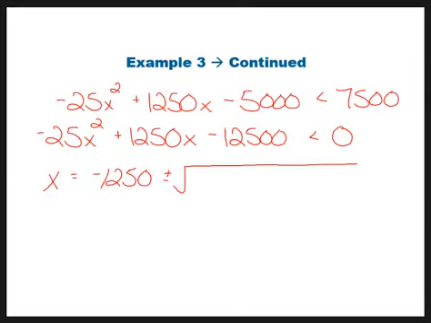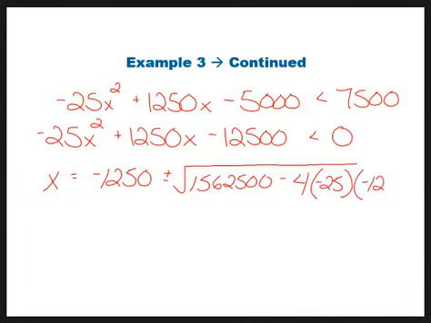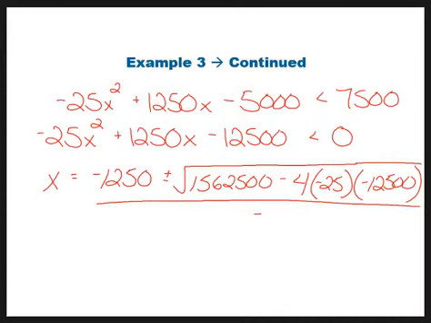We need a calculator here a little bit because these numbers are going to get a little bit big. So what we're looking at is b squared, which is going to be a big number, 1,562,500, minus 4 times a, which is negative 25, times c, which is negative 12,500. And that's all going to be over 2 times a, which is basically negative 50. Now we got a little work to do here because our numbers are kind of big.